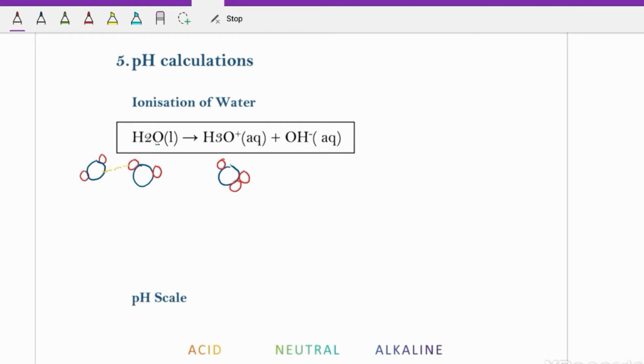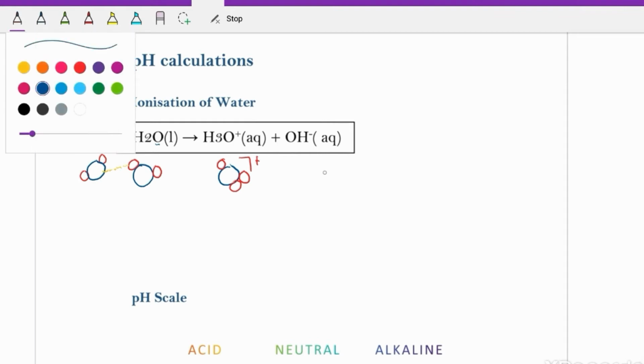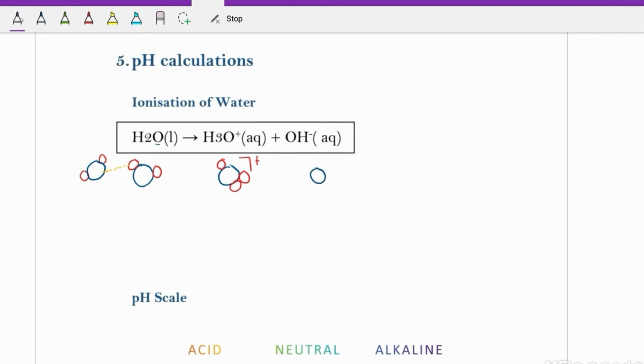Okay, this is just for illustration purposes. So now that's a hydronium ion, and you are only left with an oxygen and only one hydrogen, and that's a negative charge. So basically these molecules inside of the container break up into separate ions. Now this has a positive charge, therefore it's a cation. And this has a negative charge, and it's also known as an anion. Okay, so they keep on drifting in your solution.